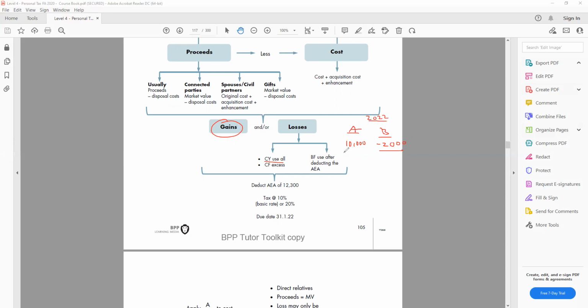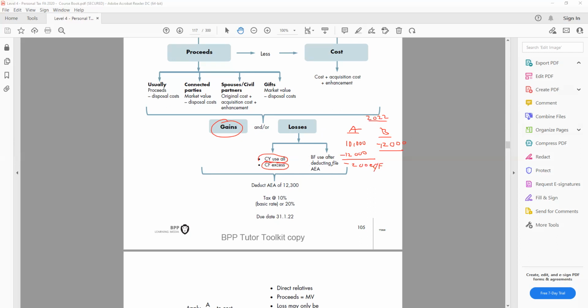This current year loss, first we have to deduct from the current year gain. If the loss is more than the current year gain, for example, if the loss is 12,000, not 10, then 2,000 will be carried forward to the next year. They are saying, current year use all, then carry forward any excess.